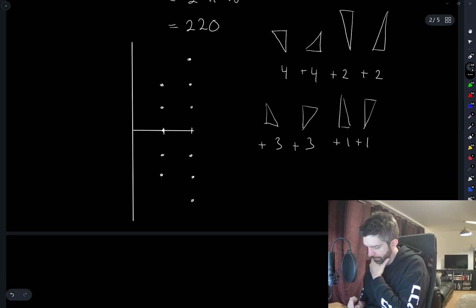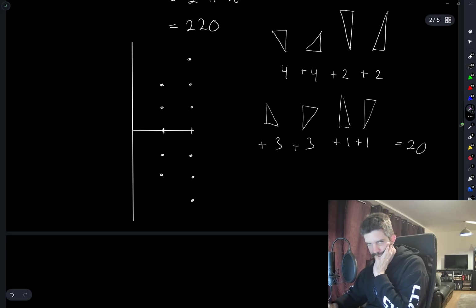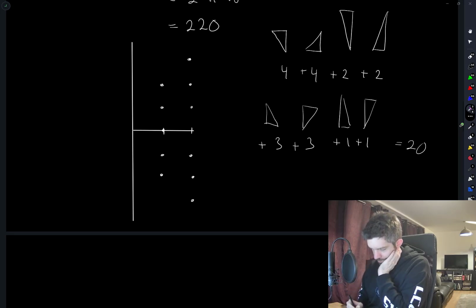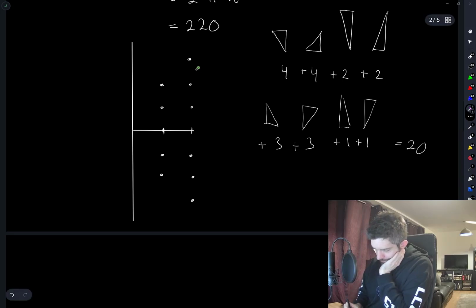What is this number equal to? 8, 9, 10, 11, 12, 13, 14... This is 20. Why am I missing so many of the triangles? Oh, shoot. This also works.